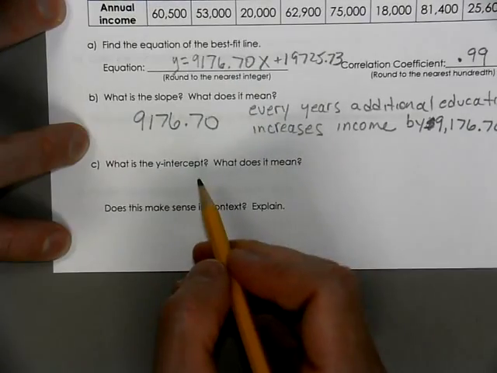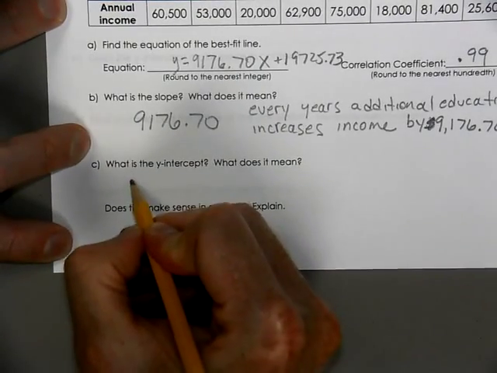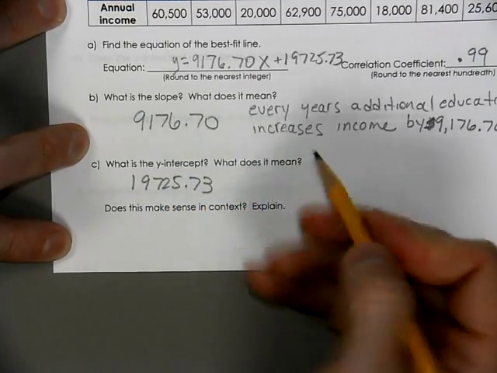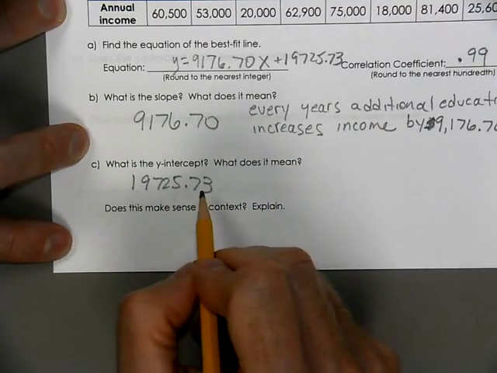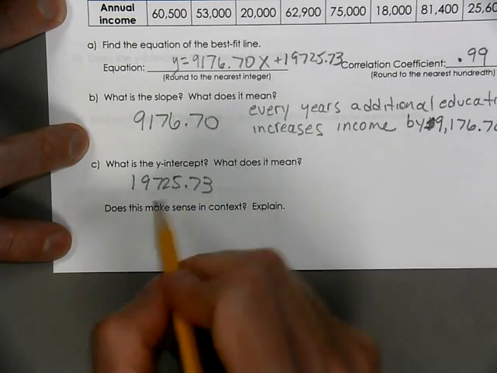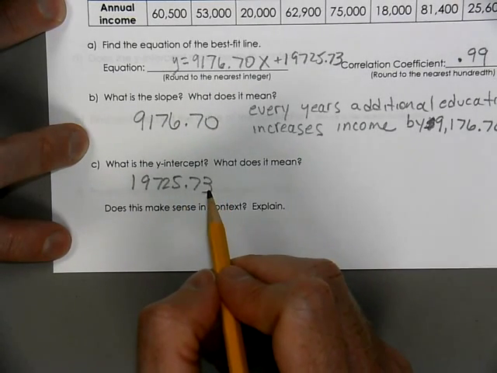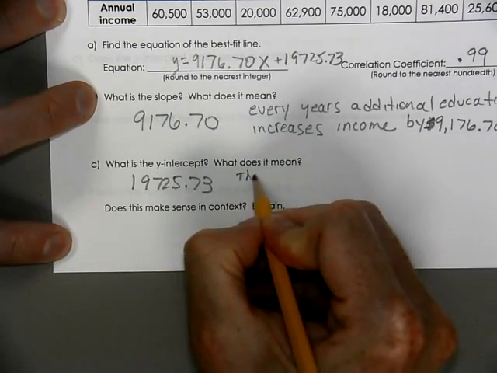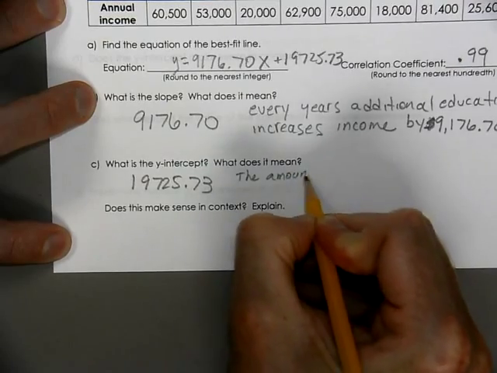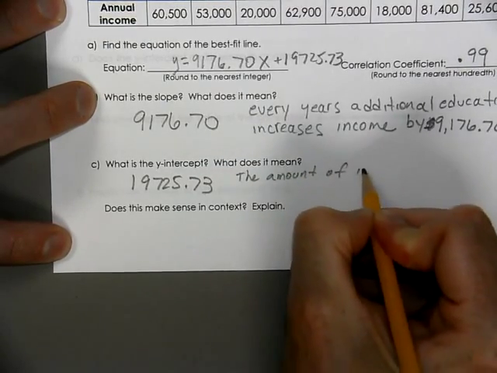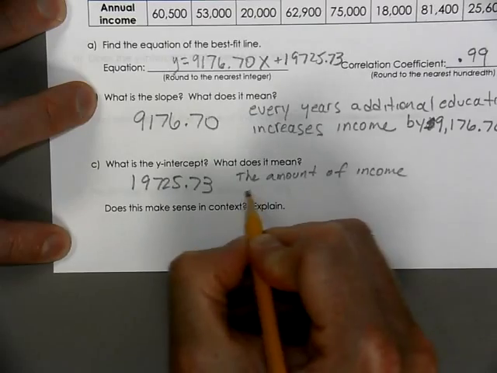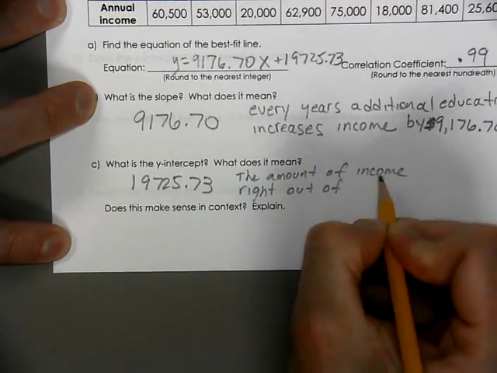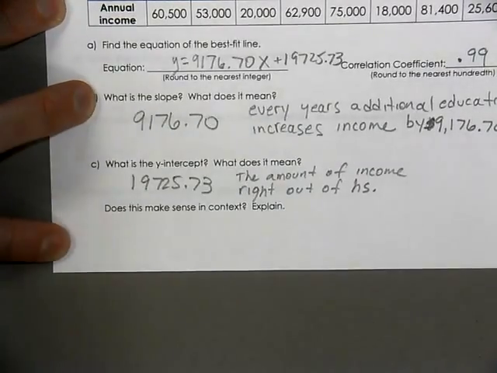What does the Y-intercept stand for? Approximately how much would you make if you didn't have any additional education after high school? The amount of income right out of high school.